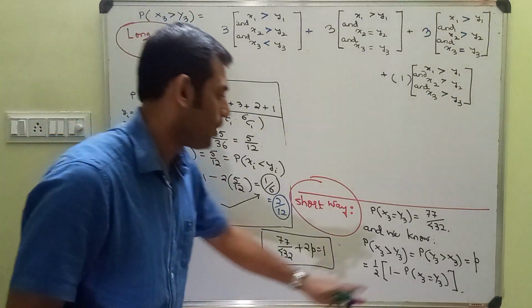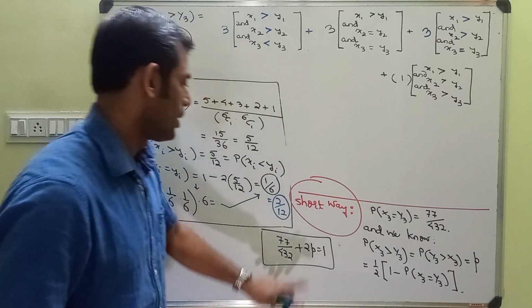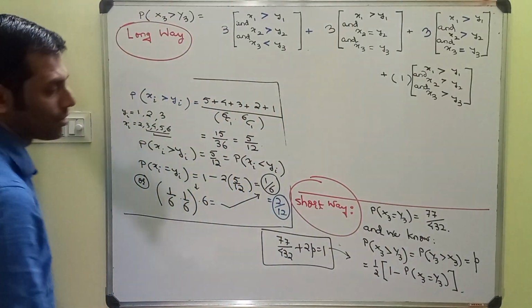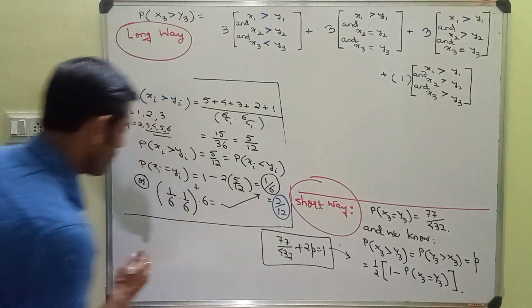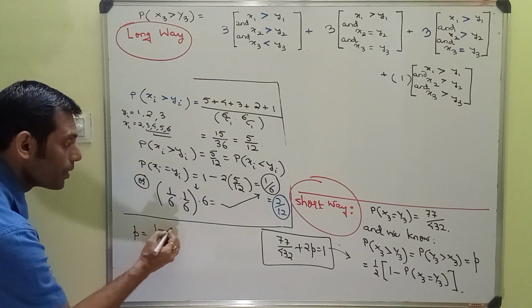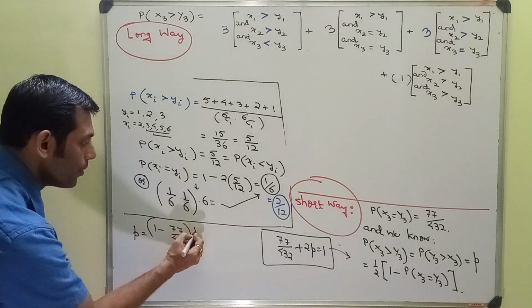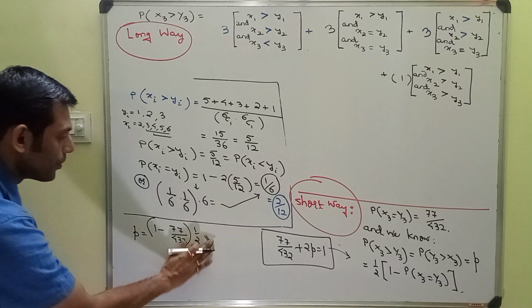So therefore, 1 minus this by 2 would be equal to this, and this can give us an answer. The p value would be equal to 1 minus 77 by 432 into half. How much would that bring?